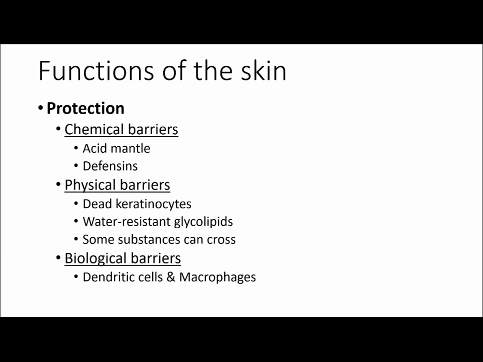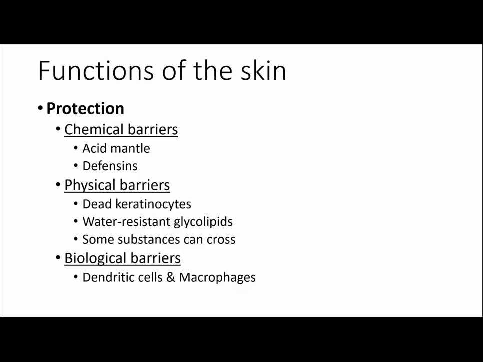We also have those water-resistant glycolipids that come up from some of the bottom layers of the epidermis, and those act by blocking the diffusion of water and water-soluble substances and keeping them between our cells, preventing the loss of water from the body and preventing entry of water that's not already in the body. We do have some substances that can cross these layers, though.